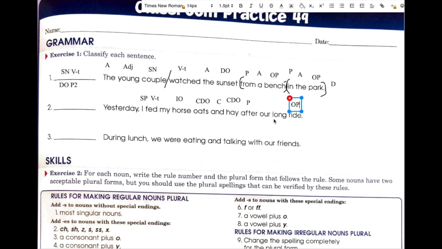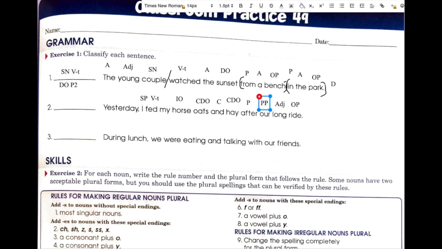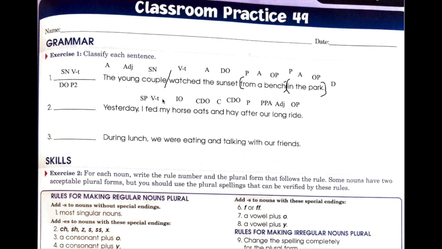What kind of ride? Long ride, adjective. Whose ride? Our ride. Possessive, it's showing ownership. It's also describing. It's a possessive pronoun, adjective. Whose horse? My, again. We're answering whose.